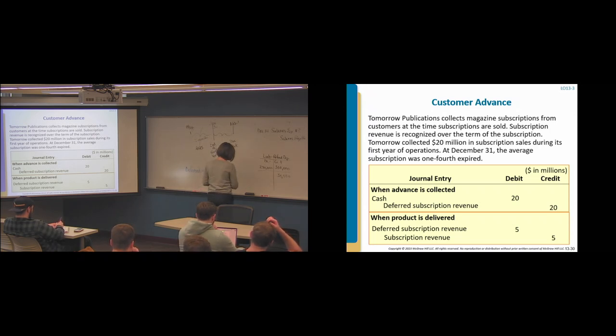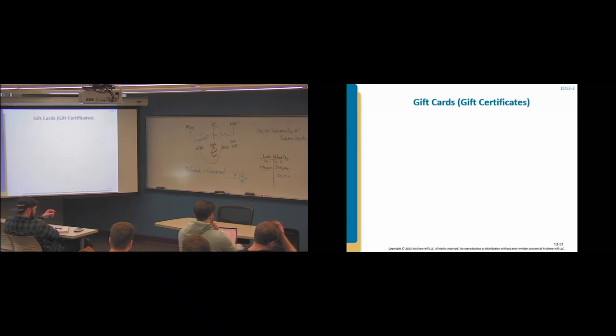If you're keeping T accounts, right, we're left with 15 still here we owe. Makes sense, right? And 5 million of revenue now. Nothing crazy there. Let's take a look at an example for gift cards, and then third party, and then we'll stop.